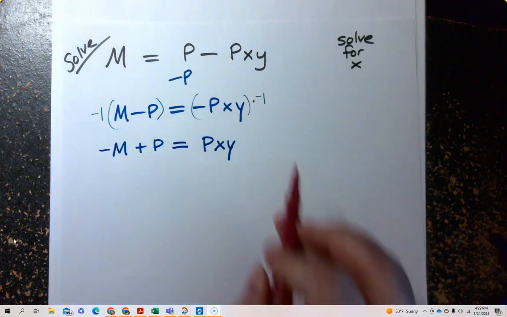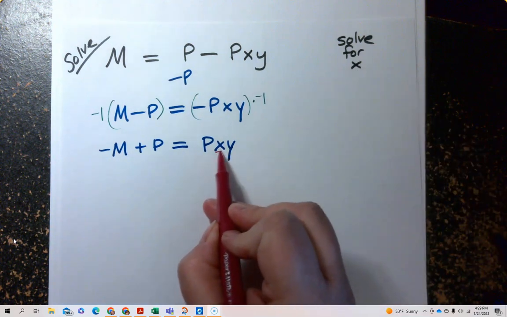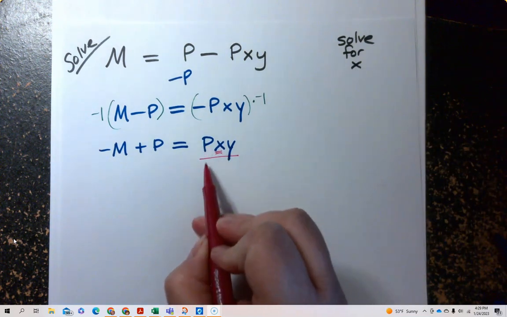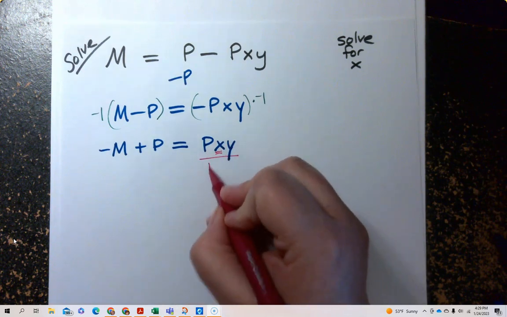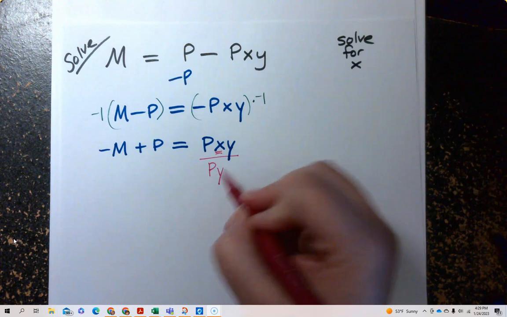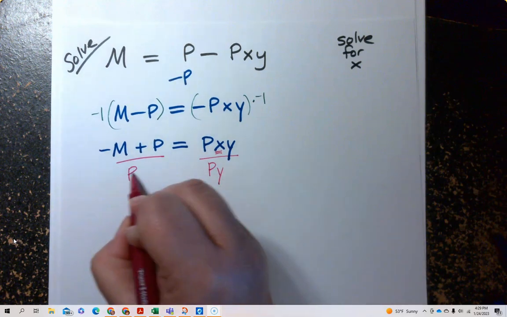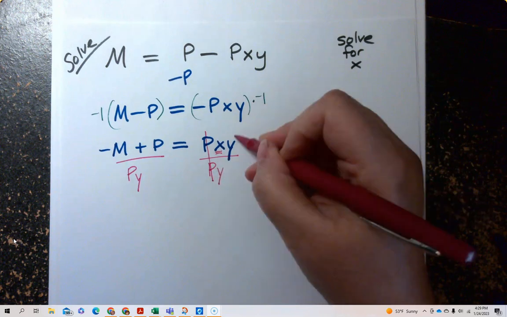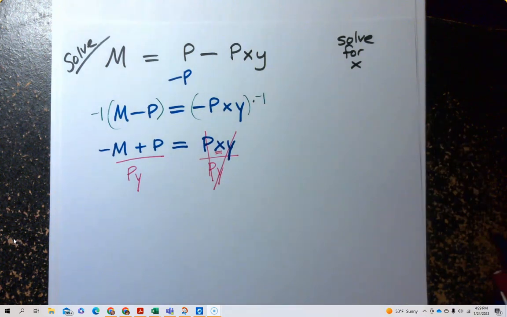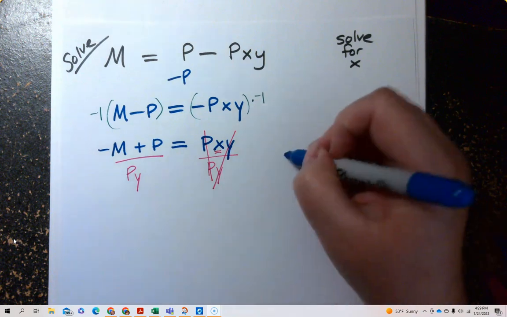Then I'm solving for x, so that needs to stay put. I can divide out the p, because that's times the x. And I can also divide out the y. I can do two steps at once if I want to here. So divide by py. And what happens here is the p's cancel, the y's cancel, and x is alone. So I'm going to write it over here.